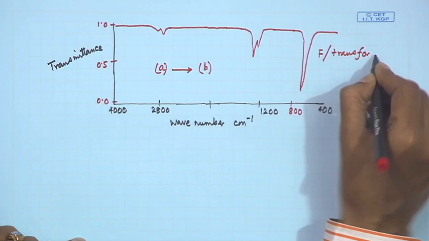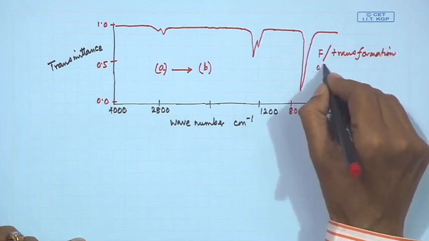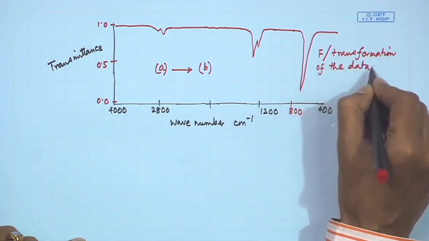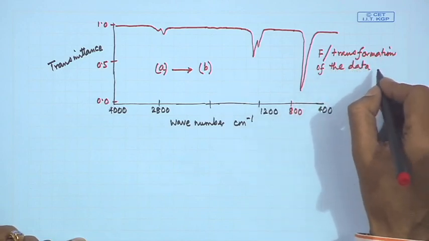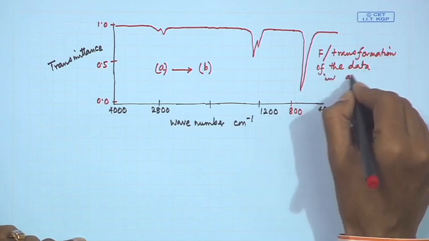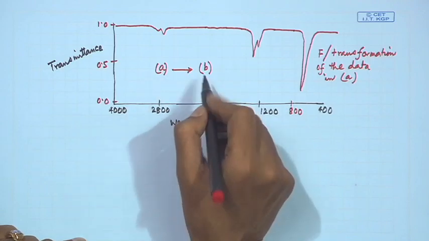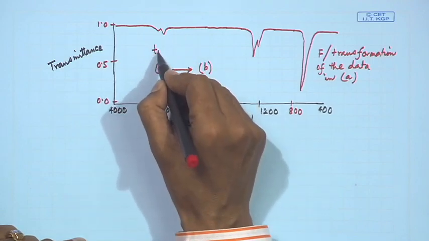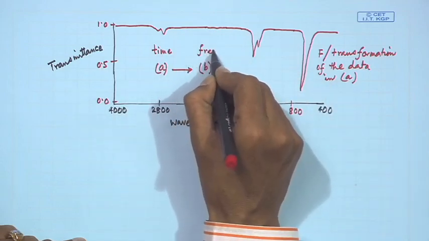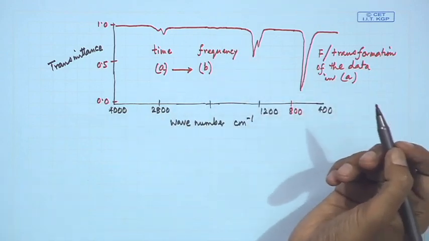Fourier transformation of the data. Which data? The data we received from the interferometer, that means the data in A. When we go from A to B, this was your time domain one to the corresponding frequency domain.